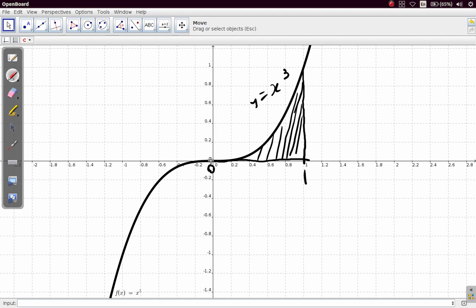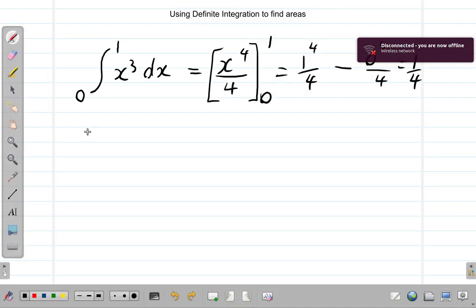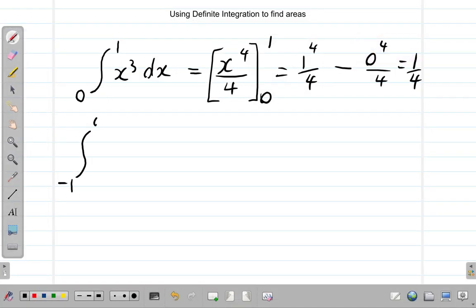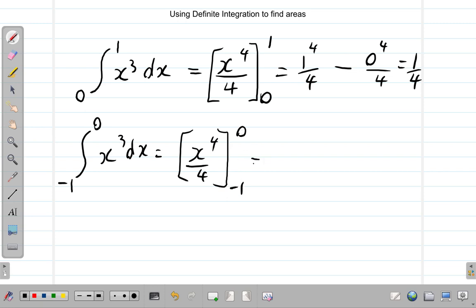Now, let us find the integral from -1 to 0 and see what it is. The integral from -1 to 0 of x cubed dx is equal to x to the 4th over 4 from -1 to 0, which is 0 to the 4th over 4 minus -1 to the 4th over 4.